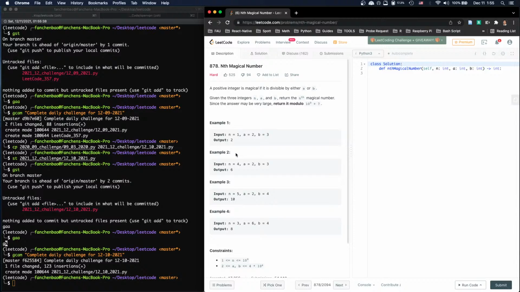Okay, how about n equals 6 given 2, 3. That should give us answer 9. N equals 6. And this one we get 5. We can get 6. That's fine. We can get 6.